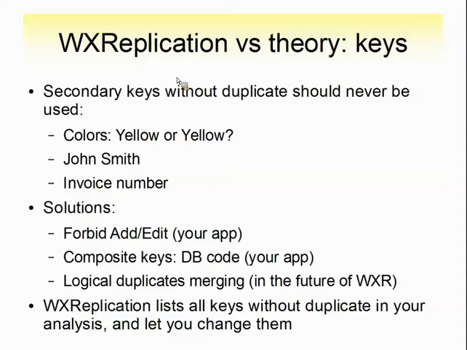Okay, we are going to enter into the nitty-gritty. As soon as you start implementing WXReplication, you cannot have any key in your file that is unique except the GUID. That has a lot of weight.